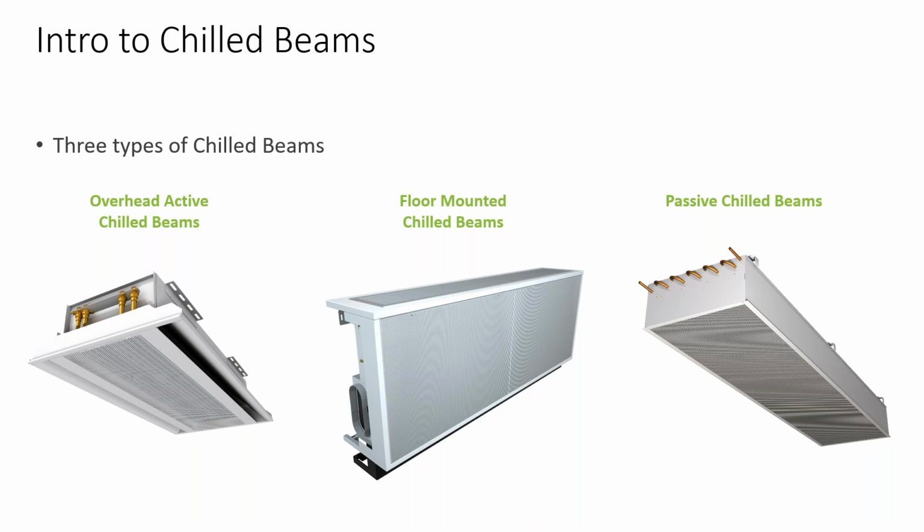The discharge pattern creates a very similar distribution compared to an all-air displacement system, but you get a lot of the energy benefits by pushing that sensible load to a coil in the space. We'll talk about that in a little more detail.